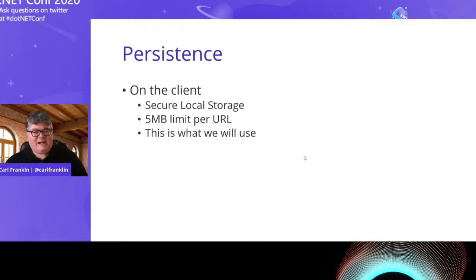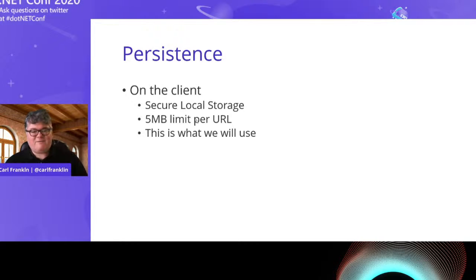So on the client, we can use secure local storage, and this is new in .NET 5, and I'll show you that. You can use local storage too. If you can use secure local storage, that's great, but just think about not storing secrets. That's not a good idea in general. You want to store just the basic stuff, as long as it's not sensitive data.